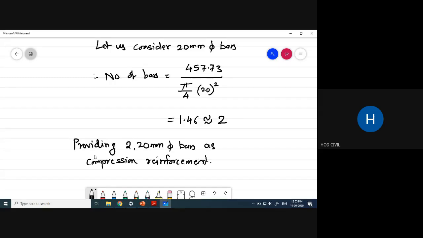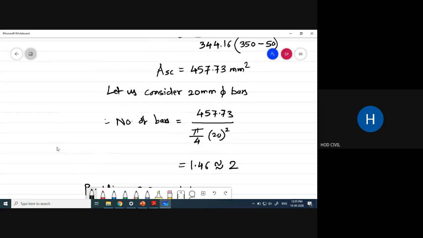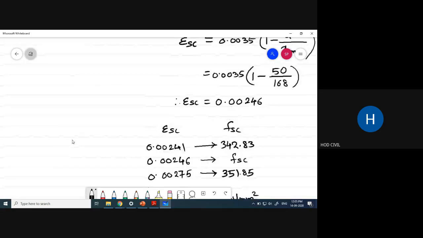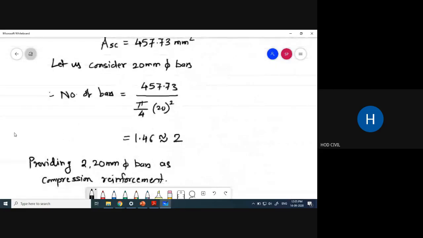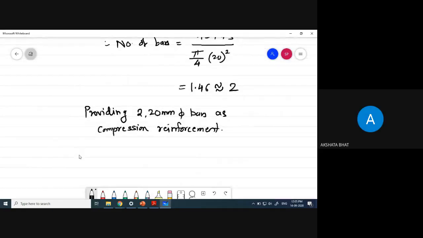Okay, here your area of the steel calculation finishes. Now the last step is design for shear reinforcement.